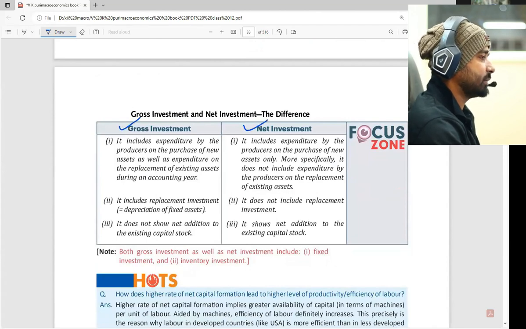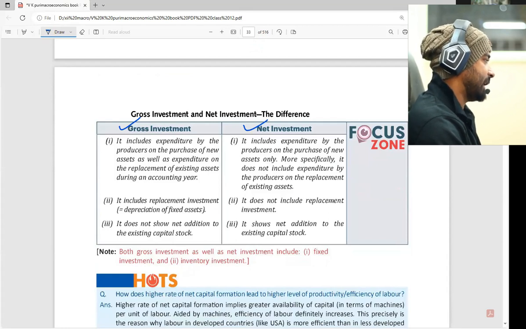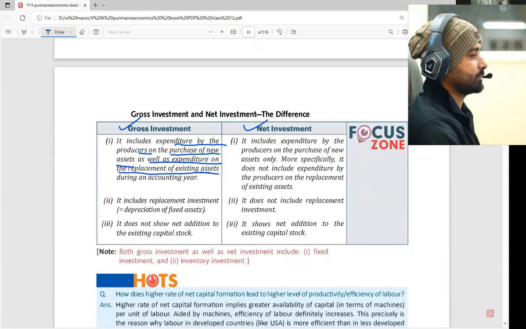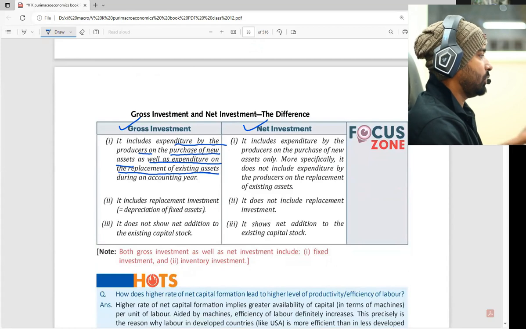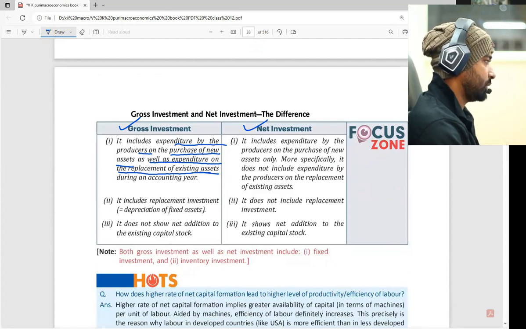Now the difference between gross investment and net investment. This is a little bit important. Gross investment includes expenditure by the producer on the purchase of new assets, as well as expenditure on the replacement of existing assets. So whatever new purchase has been done, as well as the replacement of what you already had, combined is known as the gross investment.